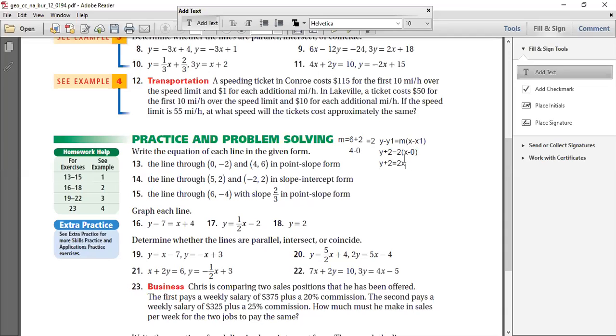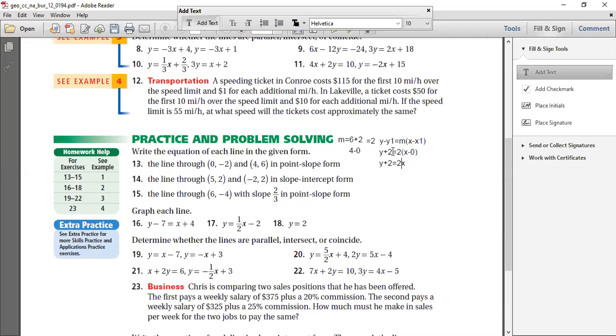So what were you left with? 2 multiplied by x is 2x, and 2 multiplied by 0 is 0. We don't usually write it as 2x minus 0, so we kick out the 0. So the equation in slope intercept form is going to be y plus 2 is equal to 2x, which means when you see something like this, you need to realize that inside the parenthesis, it's going to be x minus 0.